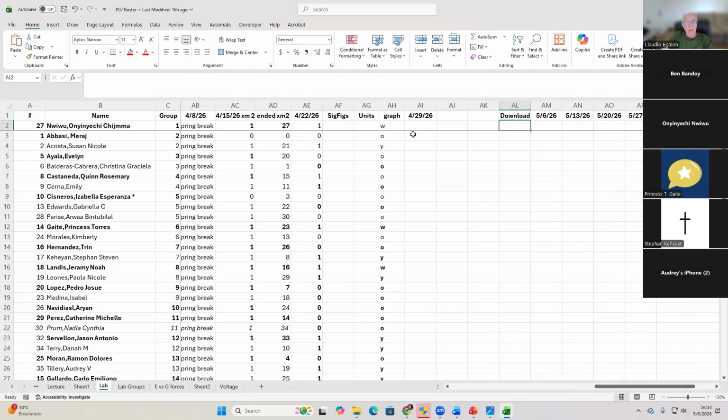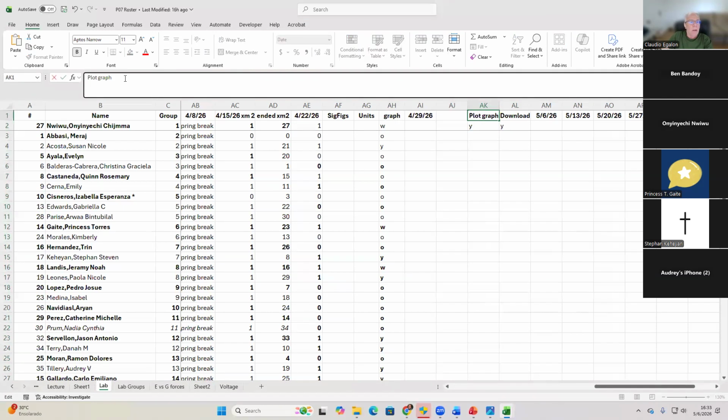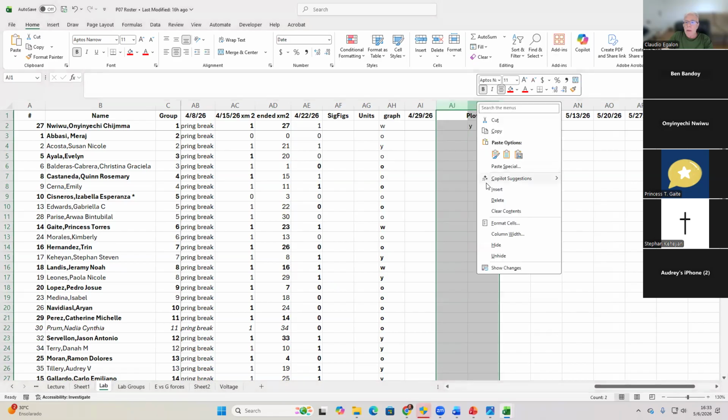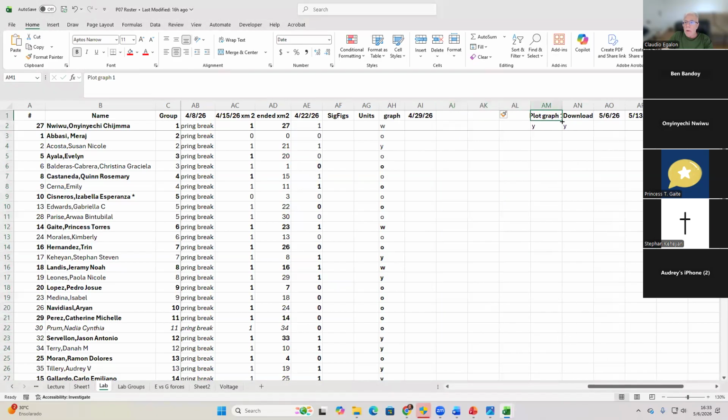Oni, did you download your spreadsheet? Yes, I did. Okay. Did you plot your three graphs? Yes, I did. All the three? Yes. Okay. Graph 1, graph 2, and graph 3. Let's see.